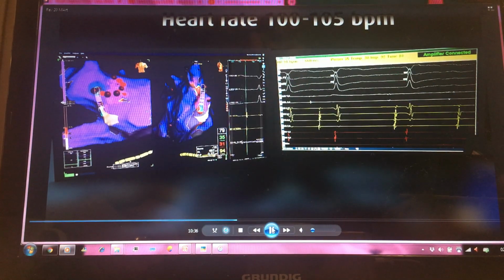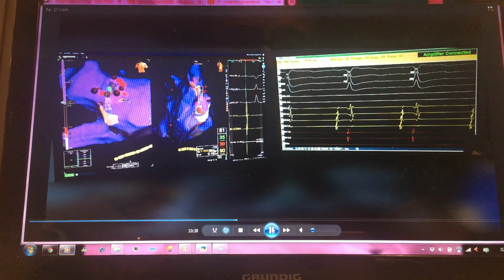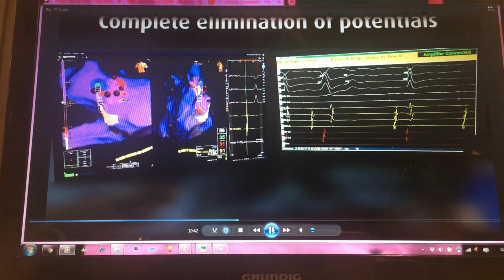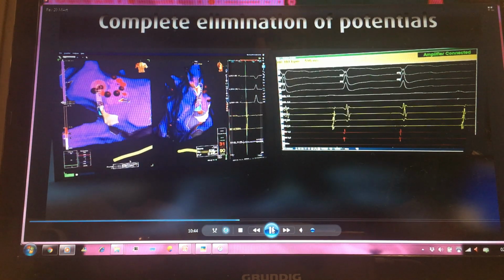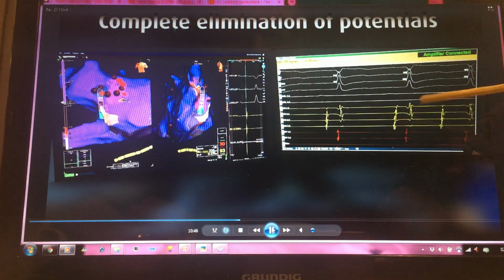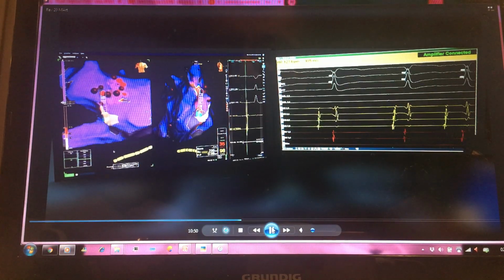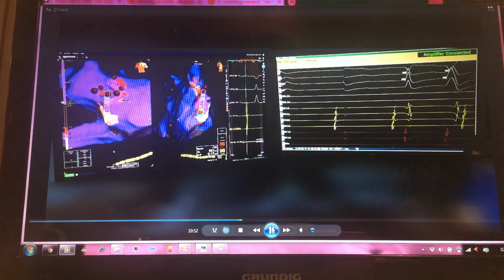You can see that. We try to completely eliminate all potentials. You can see here no electrograms after ablation.